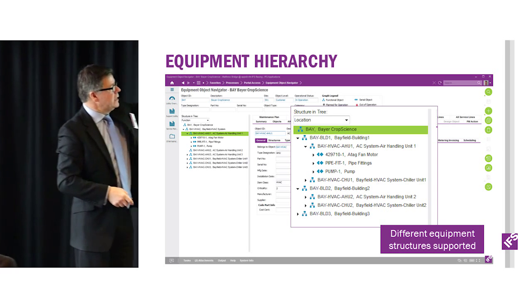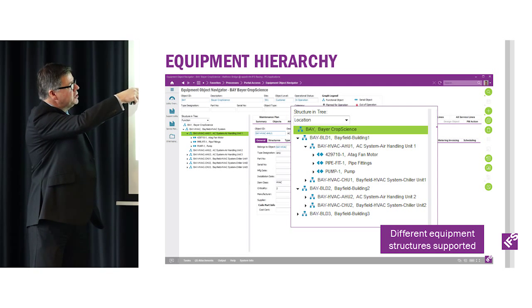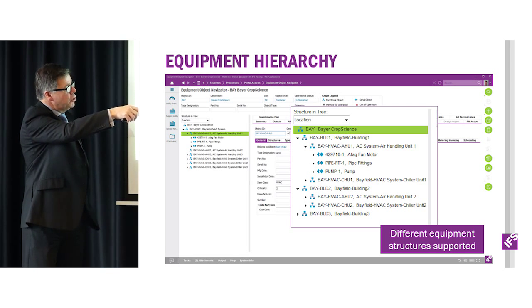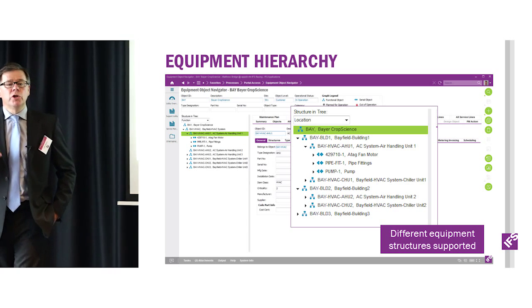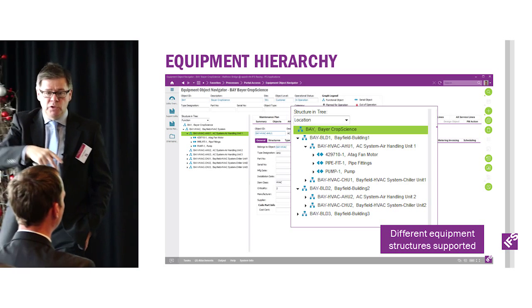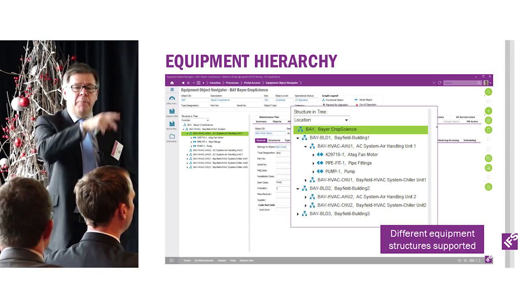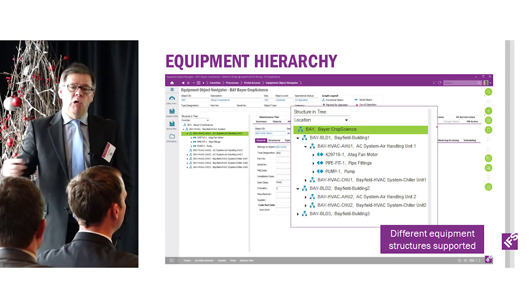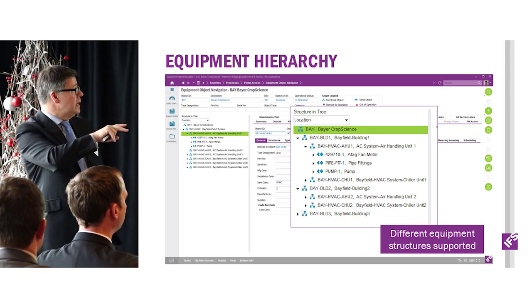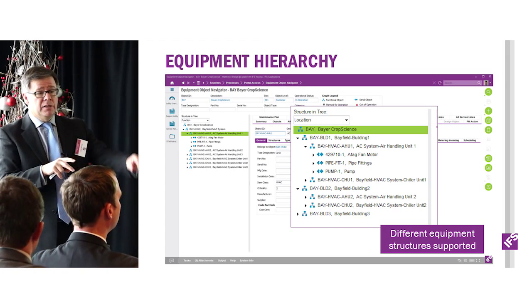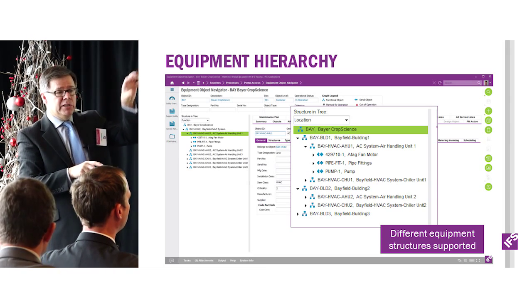You can navigate through a function, or you can navigate through a location structure, or you can navigate through a flow structure, or a positional structure, or a system structure. So we could navigate to the air conditioning through the air conditioning system.